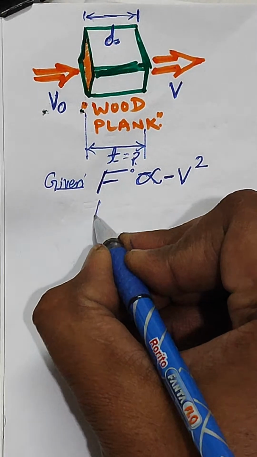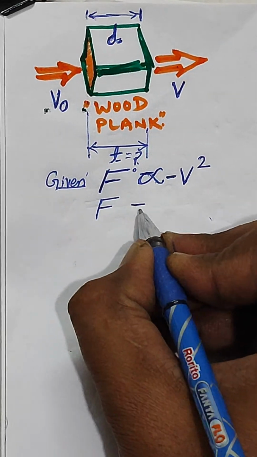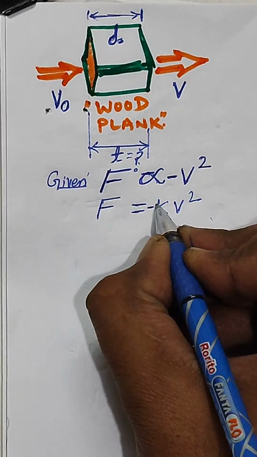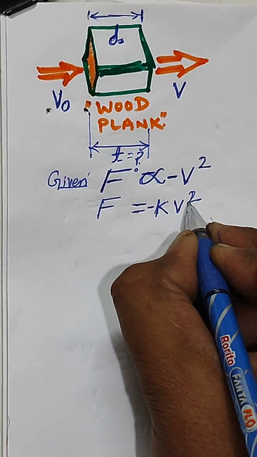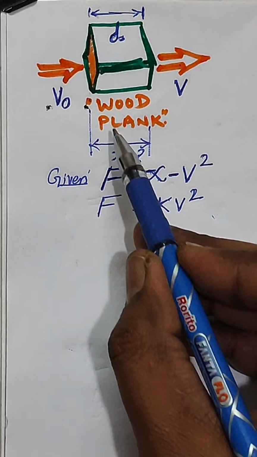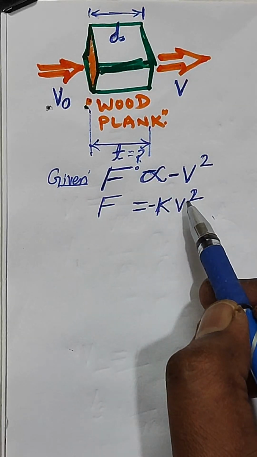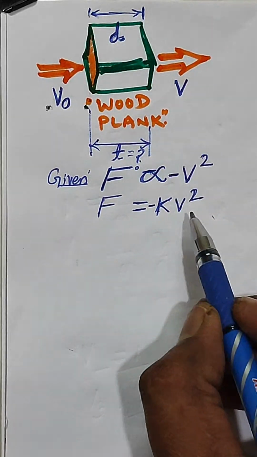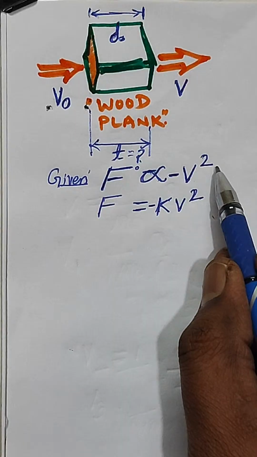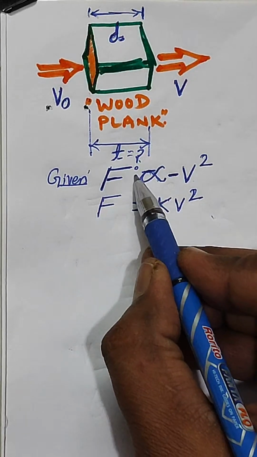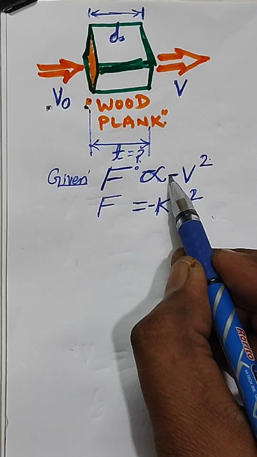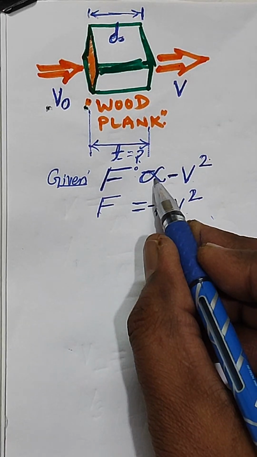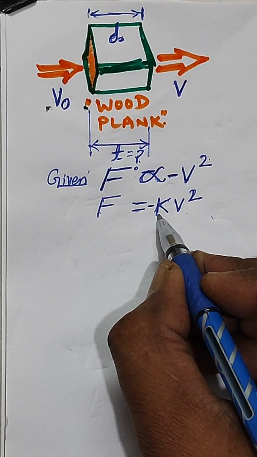Let us say a k is introduced over here, so it will be minus k v square, right? The bullet is giving a retarding force, and since it's resisting, it's negative. Now F equals minus k v square, because we removed the proportionality constant and k is introduced, right?